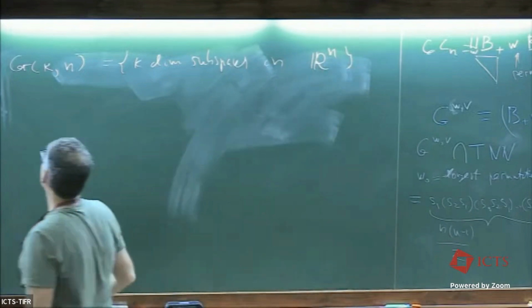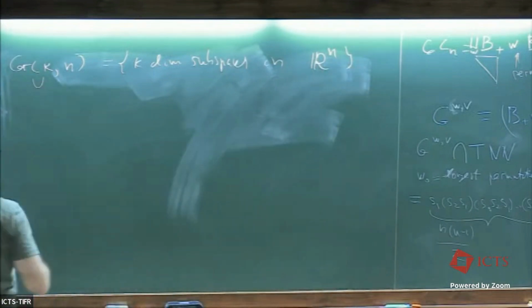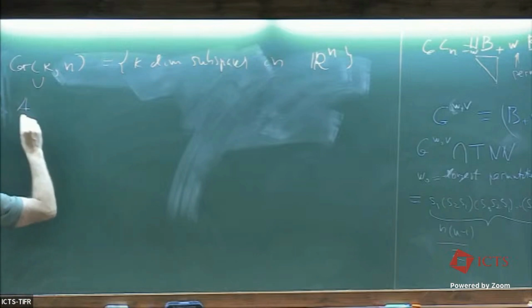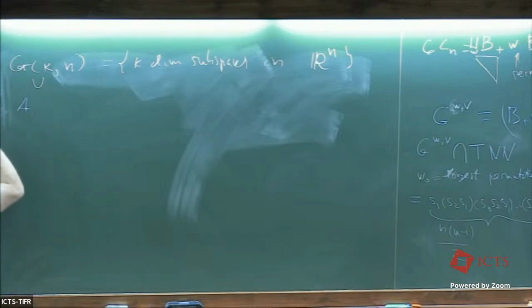You can consider a representative A, which is a k by n full rank matrix.